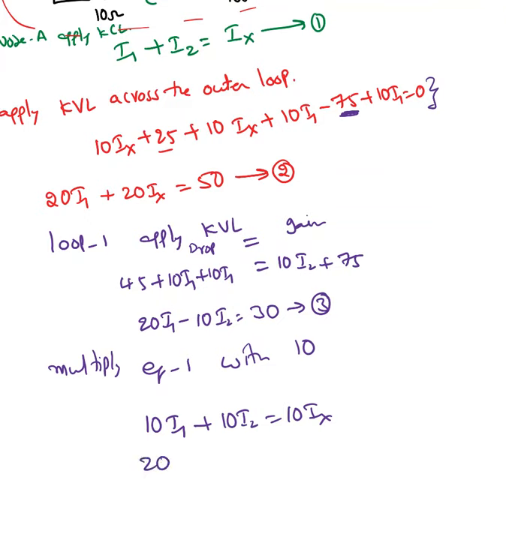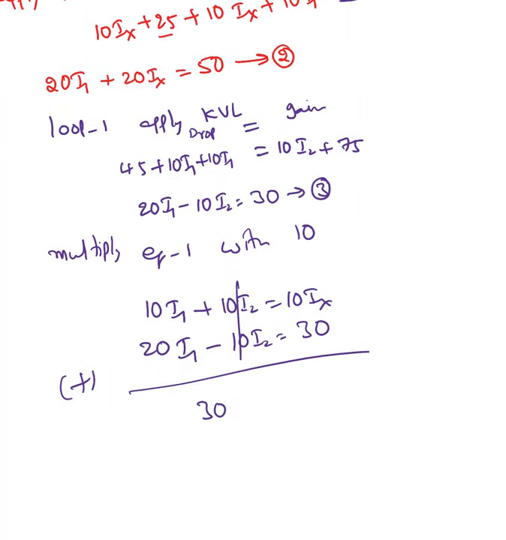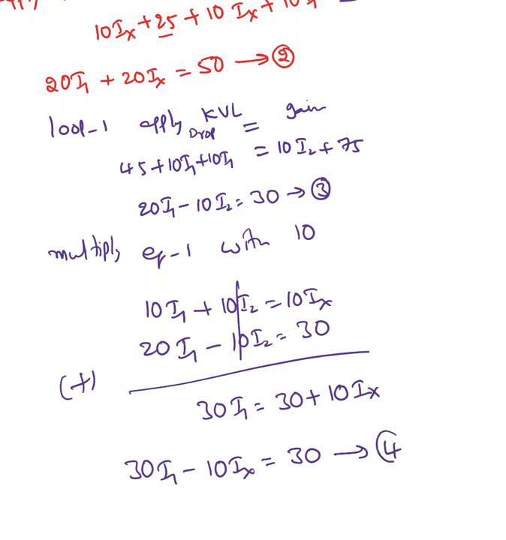Now equation 3, I have 20 I1 minus 10 I2 equals 30. When I add them, these two get cancelled out. So 30 I1 equals 30 plus 10 Ix. I can write it as 30 I1 minus 10 Ix equals 30. This is my fourth equation.